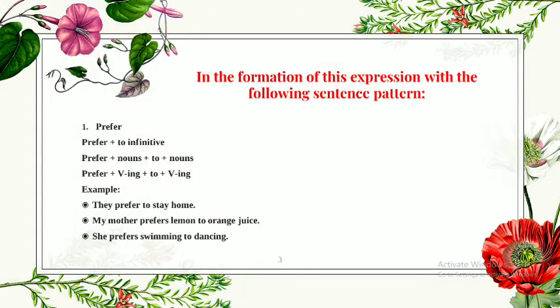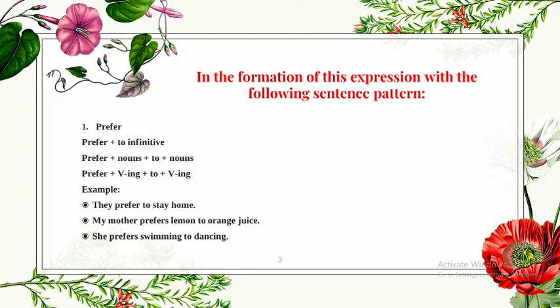Okay, next, the expression is formed with the following sentence patterns. The first, prefer. What is prefer? Prefer, more preferable. The word prefer is used to show someone's liking for something. Patterns say. The first, prefer plus to infinitive.